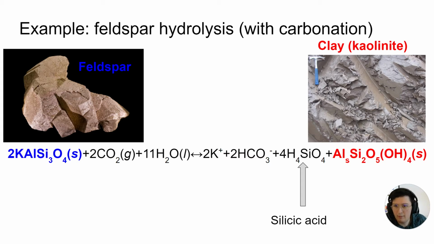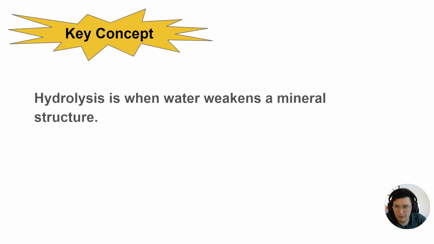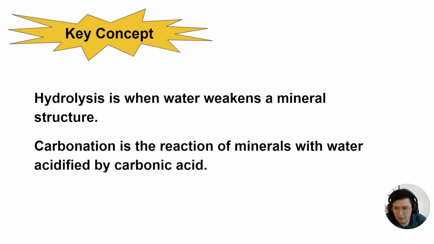You can see that this is just a slightly more weathered version of the hydrolysis reaction that you saw a couple slides previous. So the key concept here is that hydrolysis is when water weakens a mineral's structure, and carbonation is the reaction of minerals with water acidified by carbonic acid.